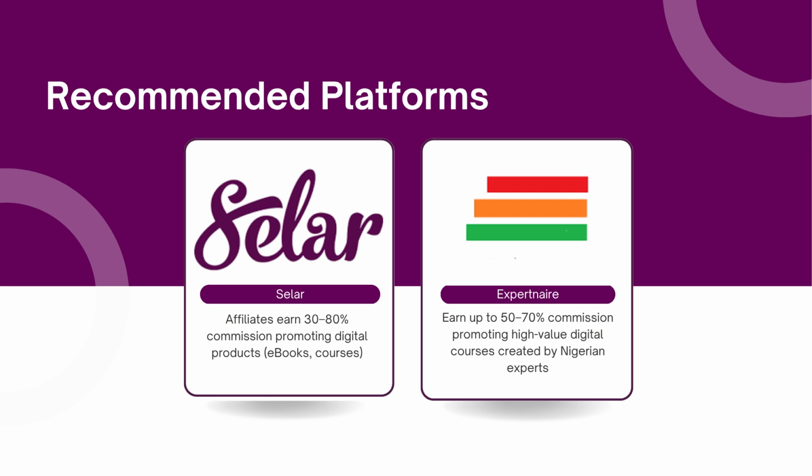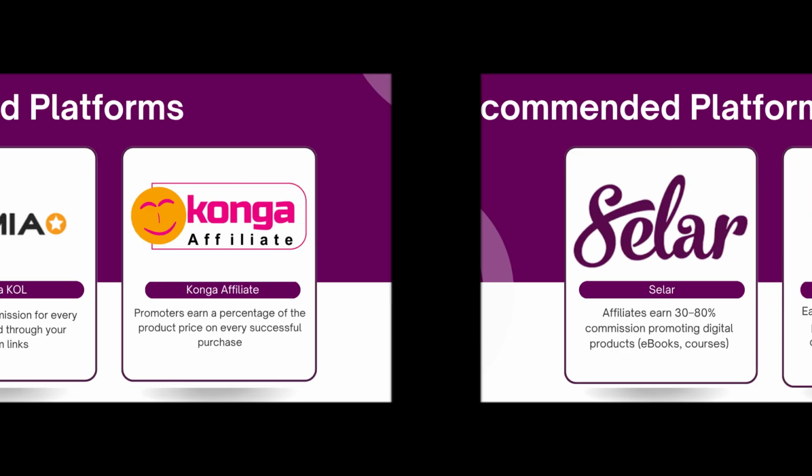The first one is Seller, and you can earn between 30 to 80% commission when you promote digital products like ebooks and courses. And the second one is Expertnear, where you can earn between 50 to 70% commission when you promote high value digital courses that have been created by Nigerian experts.